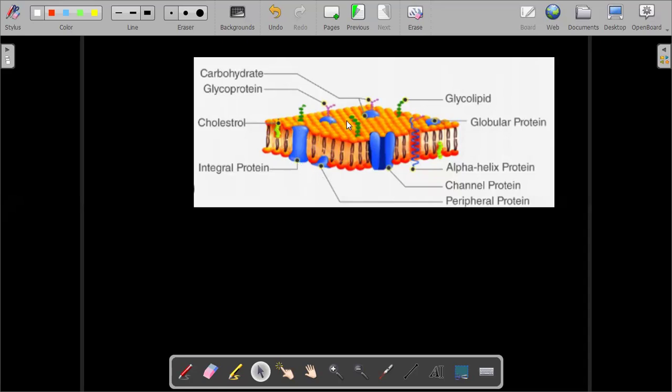If you observe the same proteins from the top, they appear to be icebergs floating in a sea of lipids. Got it? We also find some carbohydrate molecules present in this cell membrane. Got it, everyone? So this is how a cell membrane chemically looks.